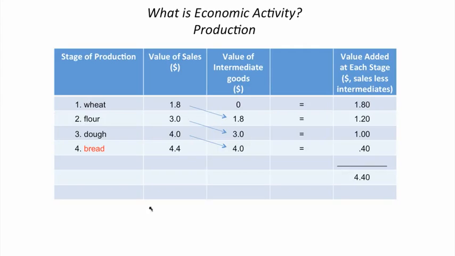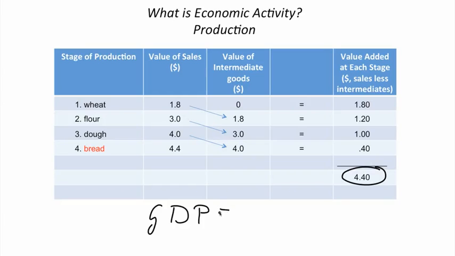And in fact, the GDP that has been created as a result of this multi-stage production process will be $4.40. By adding up the value addeds for each of these production stages, we have a measure of economic activity that has occurred over this time period, thinking about the economic activity as a flow of production.